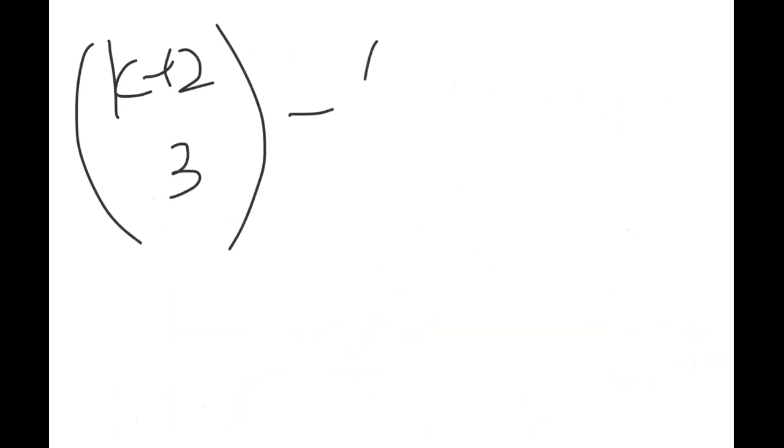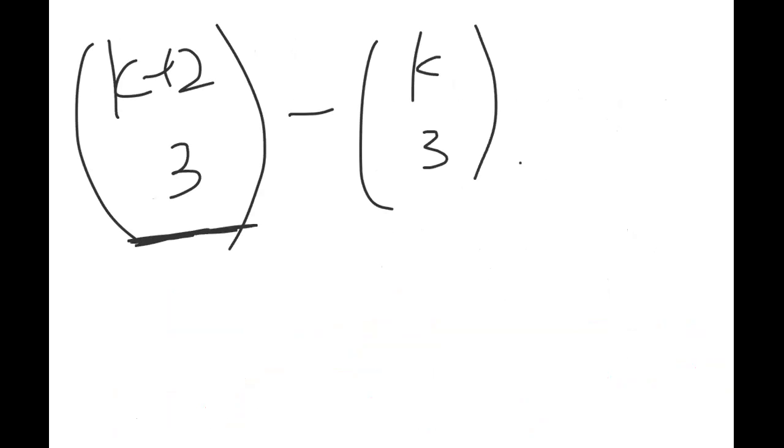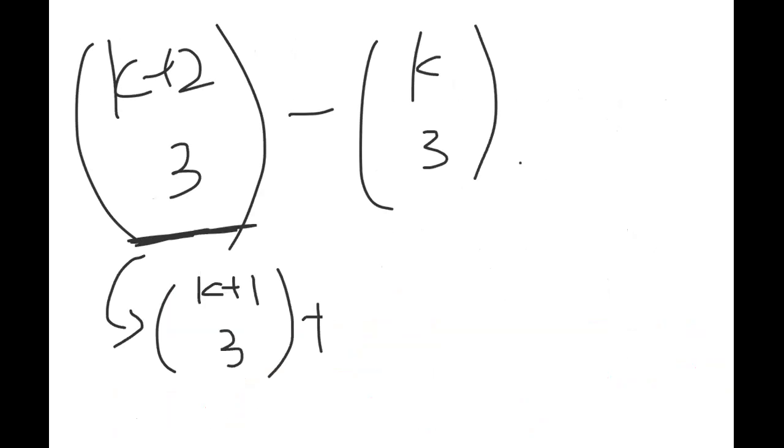One way of using it is, for example, to evaluate this. Using Pascal's identity, you can simplify the first binomial. This becomes k plus 1 choose 3 plus k plus 1 choose 2.